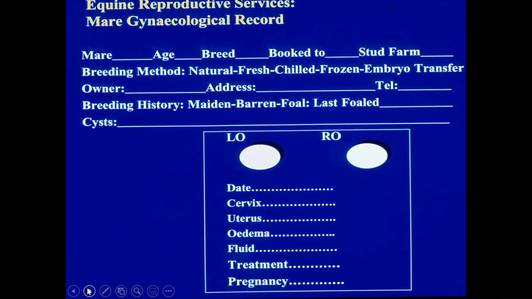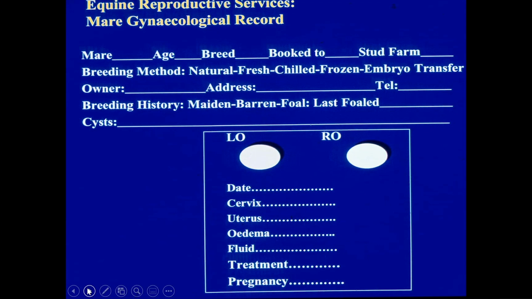Some people choose to do this on an iPad, electronically or whatever, and fair enough, you can do that. We're perhaps a little bit old-fashioned in our practice. We use a printed-out piece of paper in a ring binder, depending on the size of the stud farm, and we have that information to hand when we examine the mare.